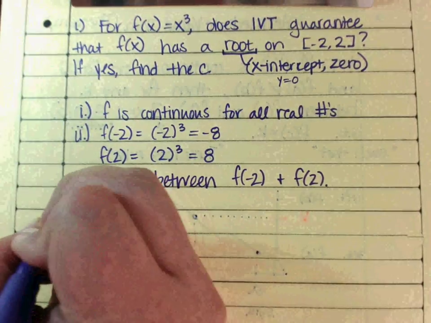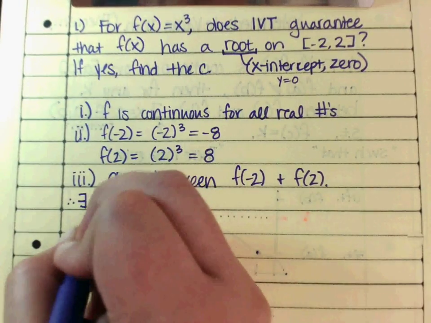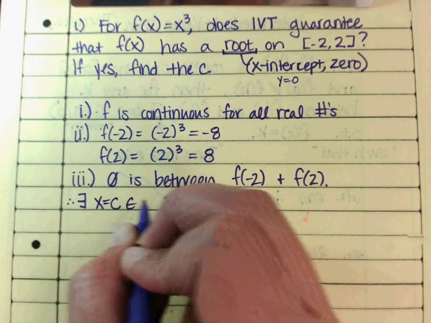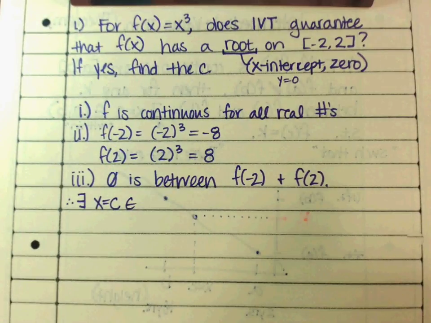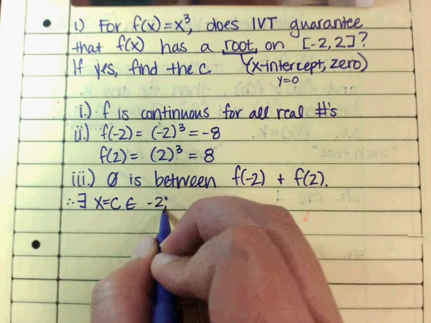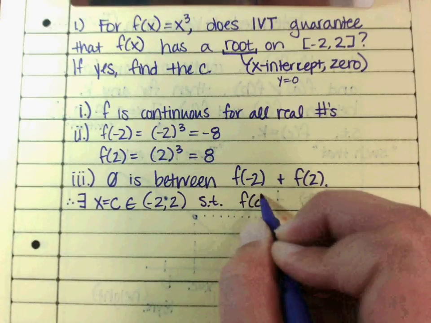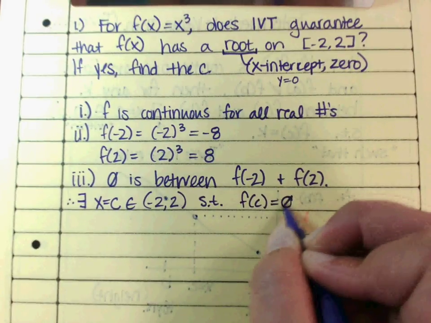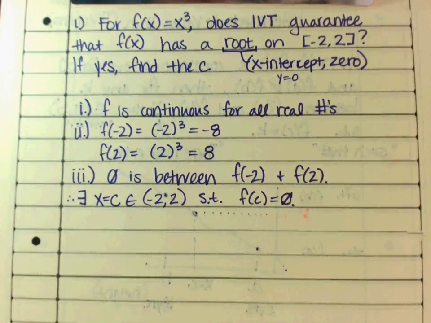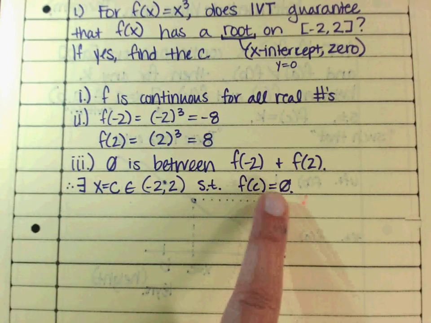So we would do, there must exist an x equals c within, what's our interval? We don't want to put a to b. We want to be specific. Negative 2 to 2. So that, what is the y value going to equal? 0. So there has to be a c where f of c is equal to 0.